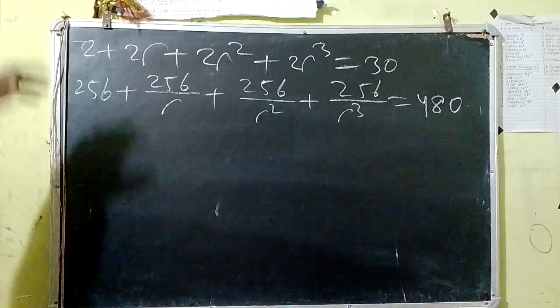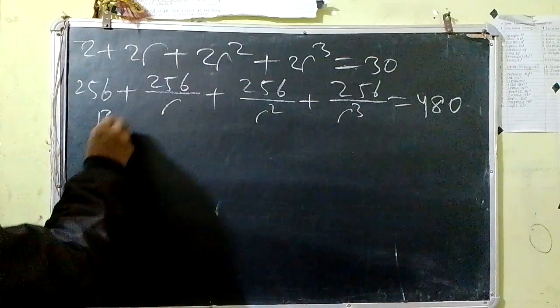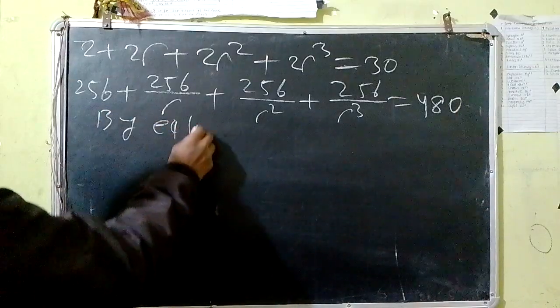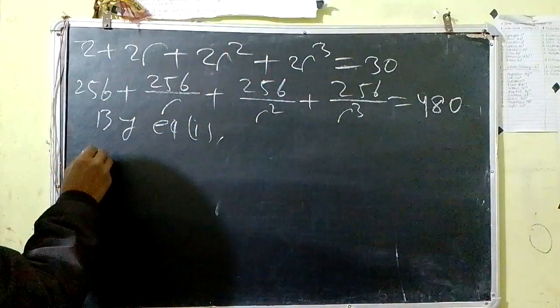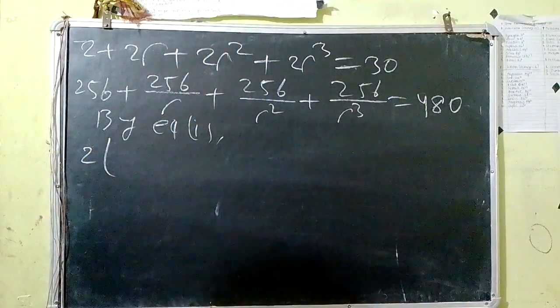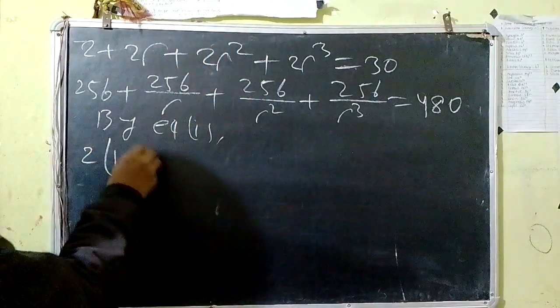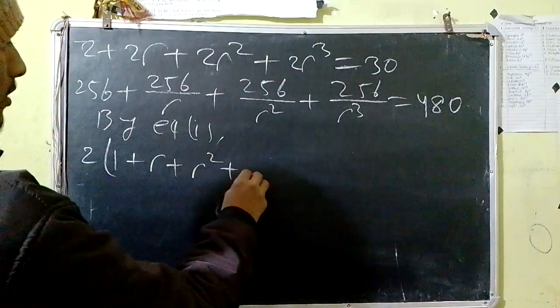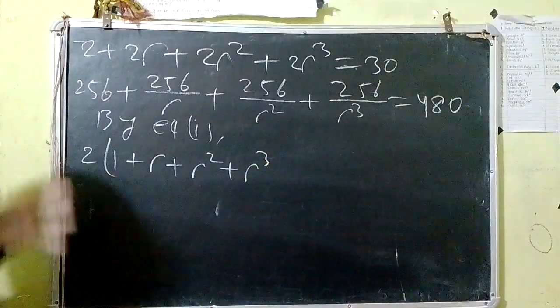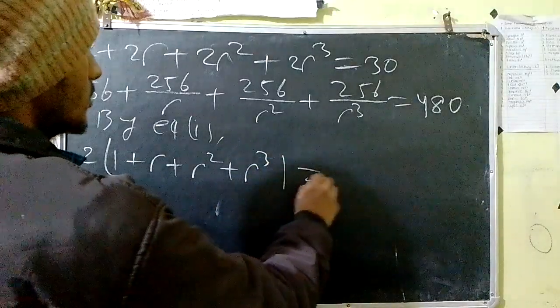Let's have a look at the first equation. I can factor out 2 at the front, so 2 times 1 plus r plus r squared plus r cubed is equal to 30.